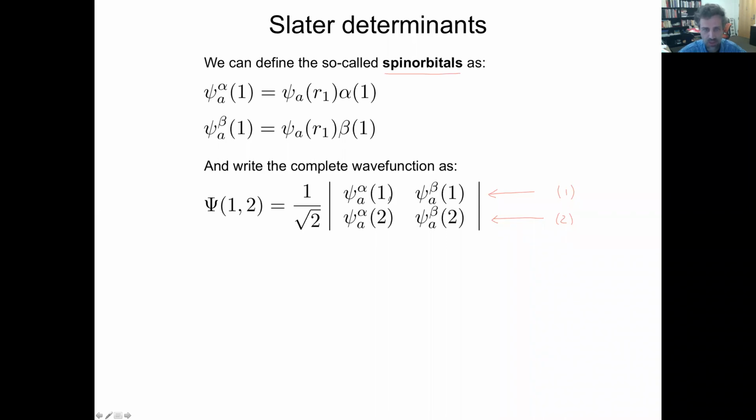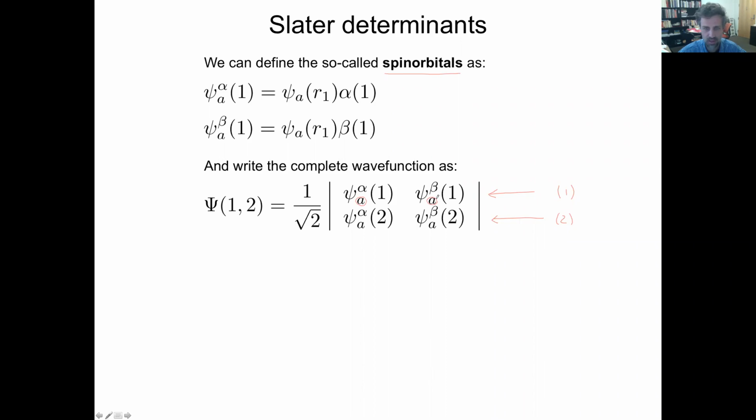So what are the possible states, in this particular case of the ground state of helium, that particle one can be in? Well, particle one can only be in the ground state. So this A is going to be 1s, and this A is also going to be 1s, because we demand that electron one sits in the 1s state.